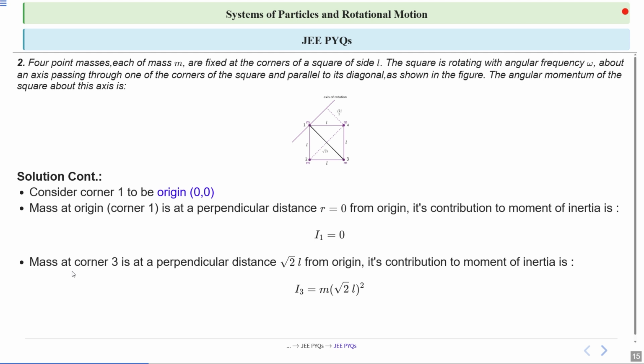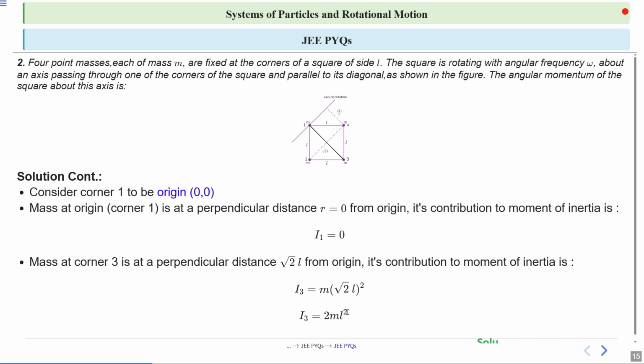Similarly, the mass at corner 3 is at a perpendicular distance root 2 L from the origin, and its contribution to the moment of inertia is I3 equal to mass into r square, that is m times root 2 L square. So I3 equal to 2 m L square.